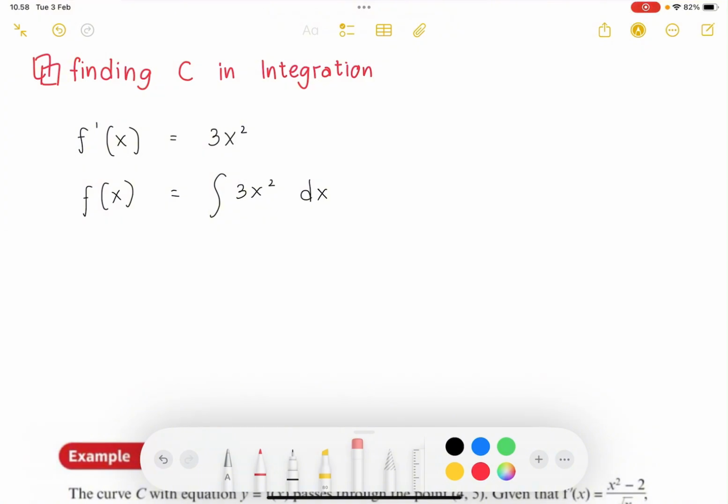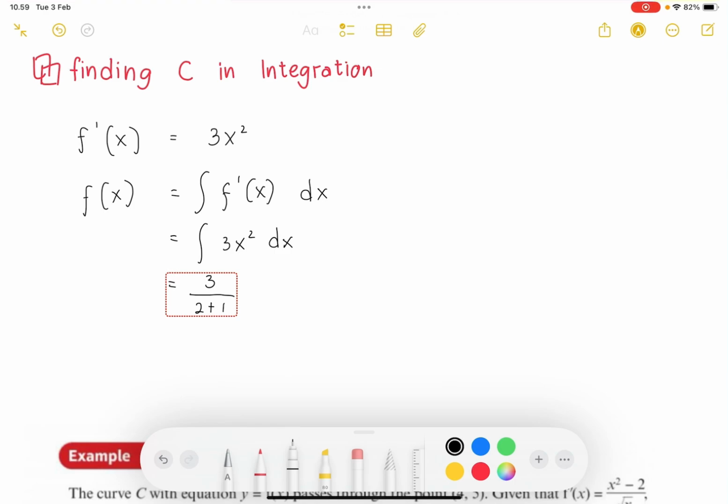So the integration of the derivative function, which is f prime, integration of f prime dx. So it means integration of 3x to the power of 2 dx. Okay, let's integrate it together. We put down here the coefficient over the power and then increasing by 1.